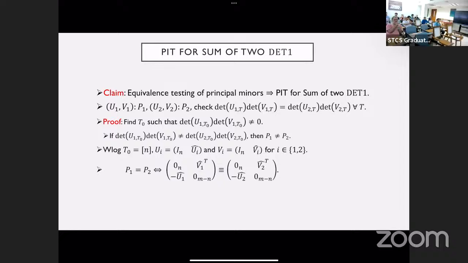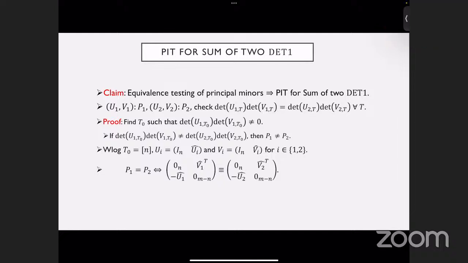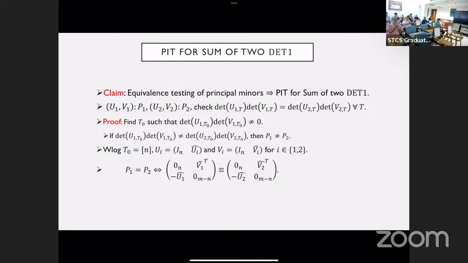No, but that's not going to happen. Right? So U is what? N cross M. U is N cross M. V is also N cross M, no? Yeah, so that's why U V transpose is N cross N. Oh, but you only want to check it for... no, we have to check principal minors corresponding to all subsets. So that will, I think, give us... We have only one of them.